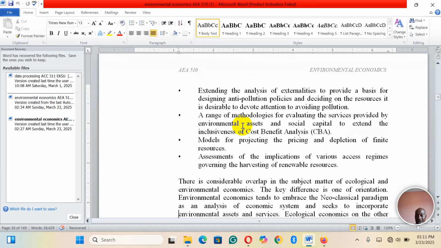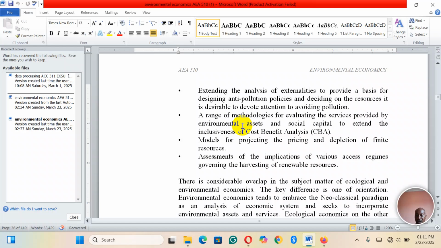Then extending the analysis of externalities to provide the basis for designing anti-pollution policies, and deciding on the resources it is desirable to devote to avoiding pollution. Then rearranging of methodologies for evaluating the services provided by environmental assets and social capital, to extend the inclusiveness of cost benefit analysis.